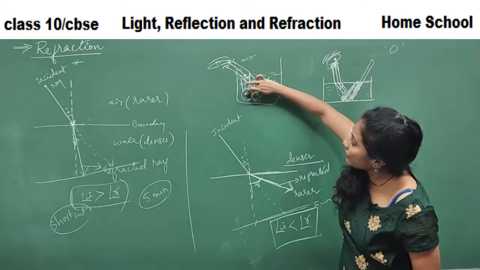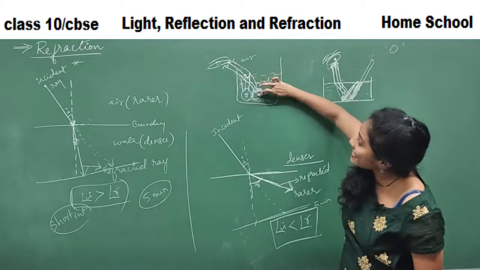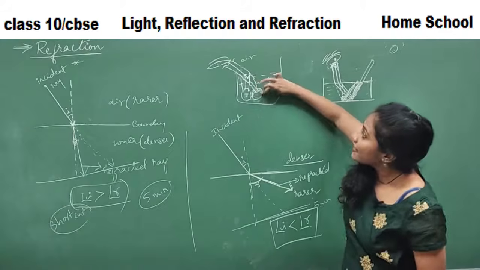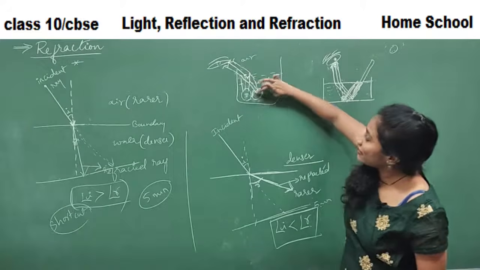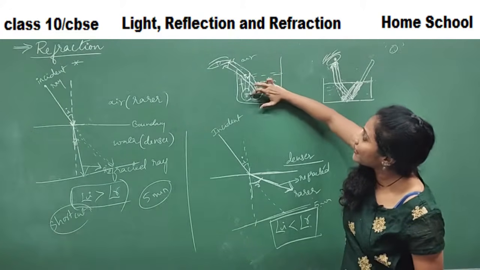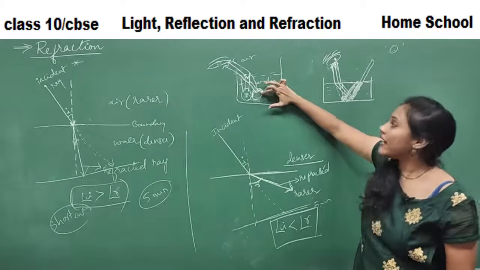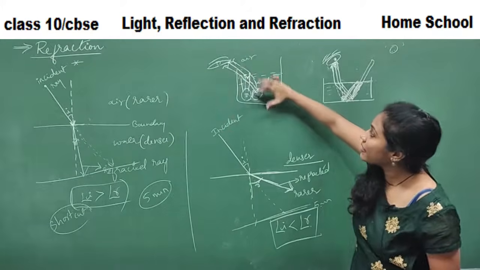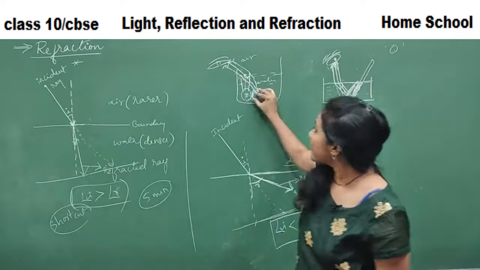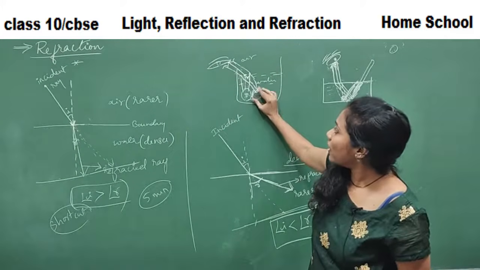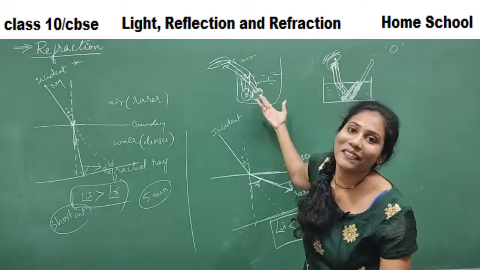So if the coin is here, you cannot see, but if it is here, you can see, guys. Because of the refraction, apparently, artificially, the image of the coin has fallen here. So this is what is detected by your brain. This is what you will see, but originally the coin is not here, the coin is here, right?